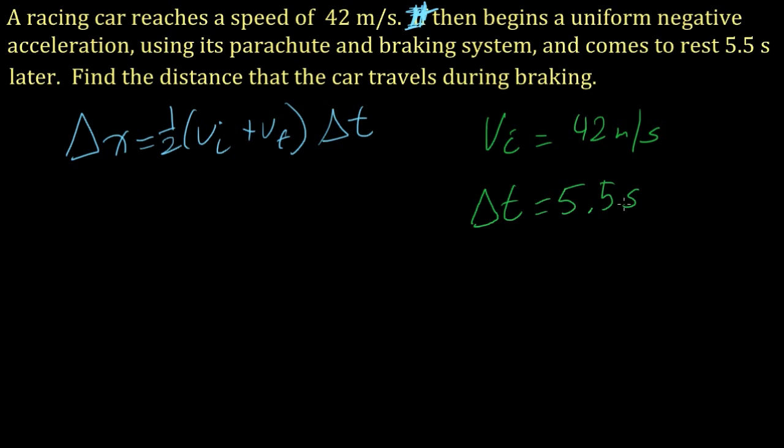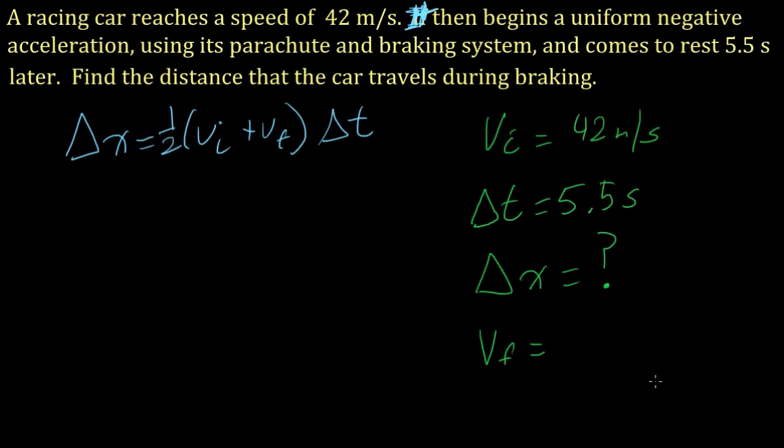What are we being asked for? It says find the distance. Distance the car travels while braking. That sounds like delta x. That sounds like displacement, and we don't know it. That's what we're going to look for. Well, okay. We're almost there, but we're missing something. What are we missing? We're missing final velocity. So we need to know the final velocity.